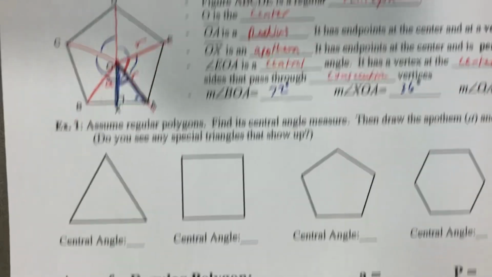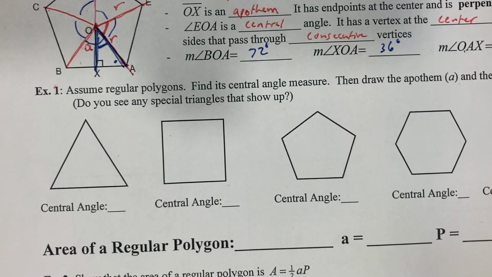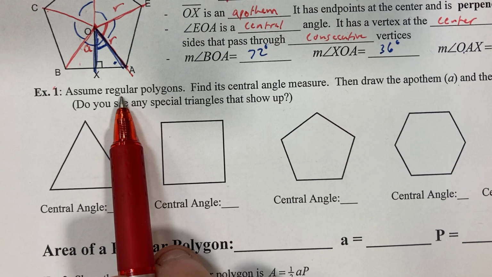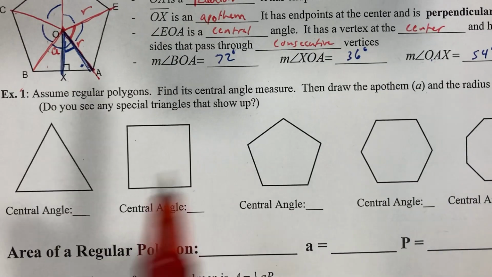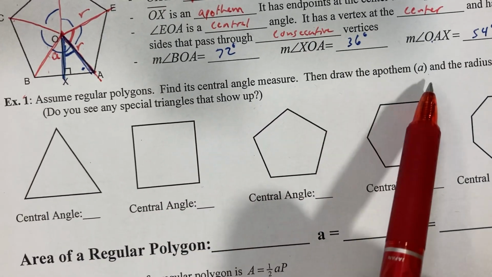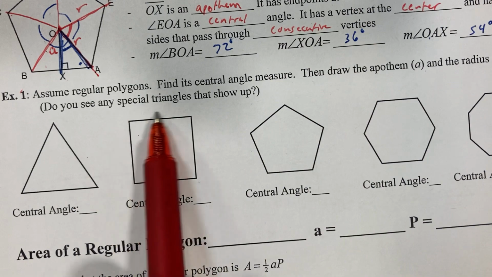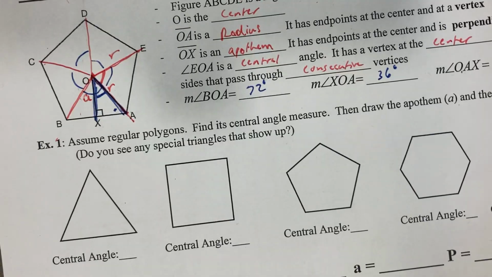All right, next, example 1. Assume regular polygons. Regular meaning all angles are the same, all sides are the same length. That's what we're gonna be working with in this lesson, these regular shapes. Find its central angle, then draw the apothem and the radius. Do you see any special triangles that show up? Let's see.